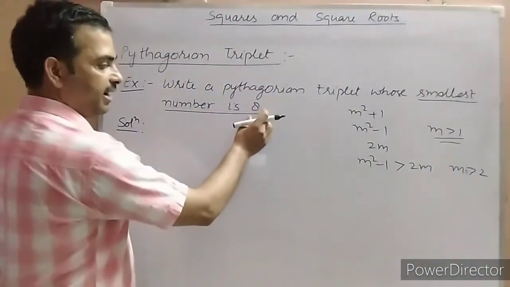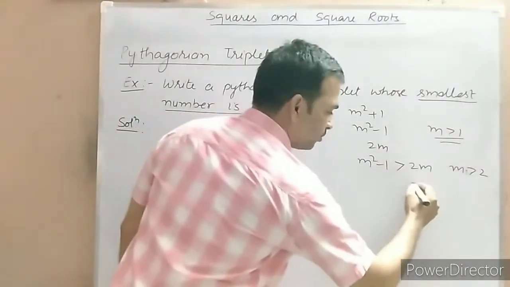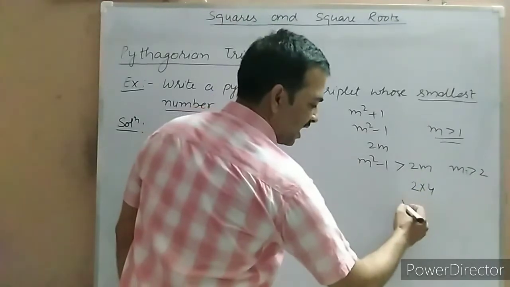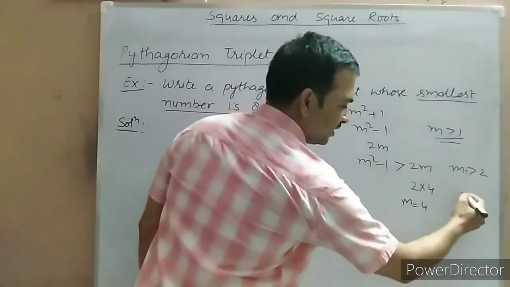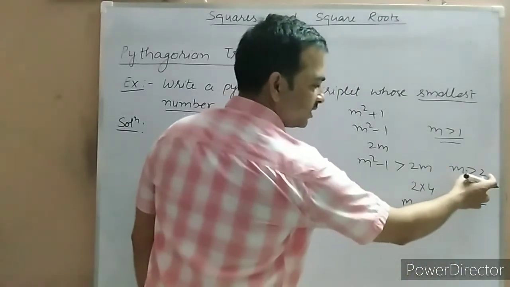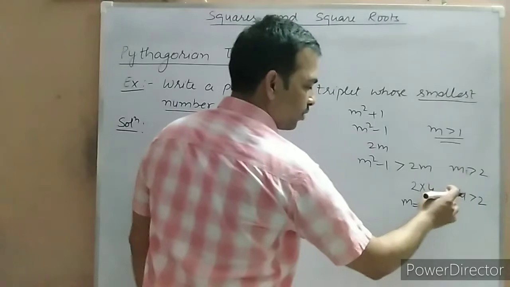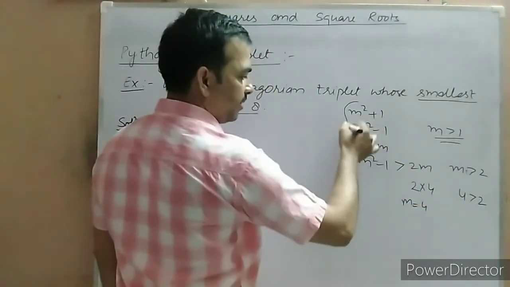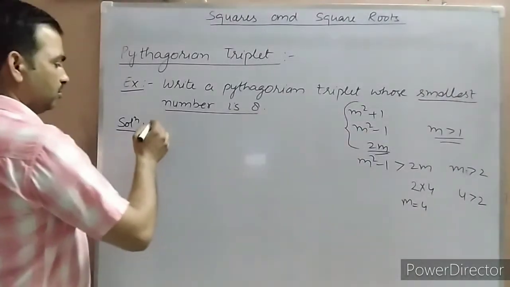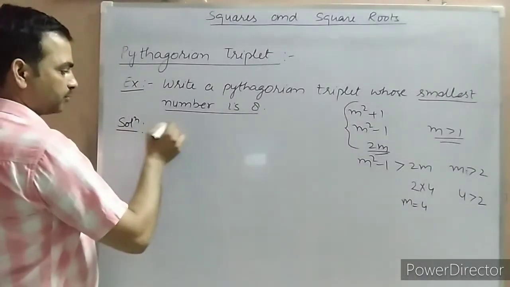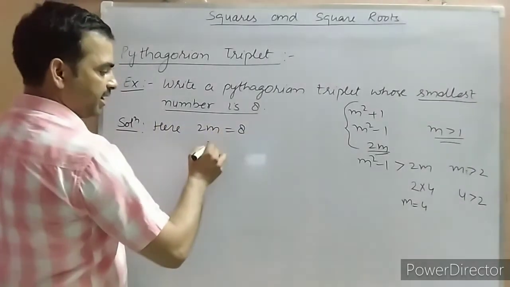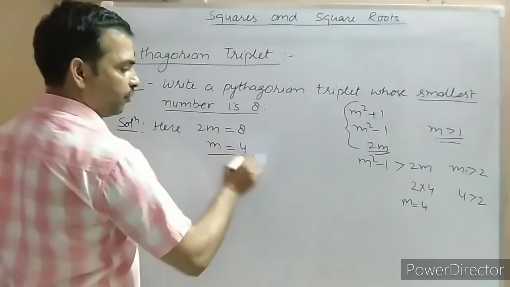Here we have the number 8. If I write 8 as 2 multiplied by 4 and compare with 2m, we get m equal to 4. Here we can see that 4 is greater than 2, so the condition m greater than 2 is satisfied. Okay, so in these three numbers, 2m will be the smallest number. So let 2m be equal to 8. What is m? m is equal to 4.